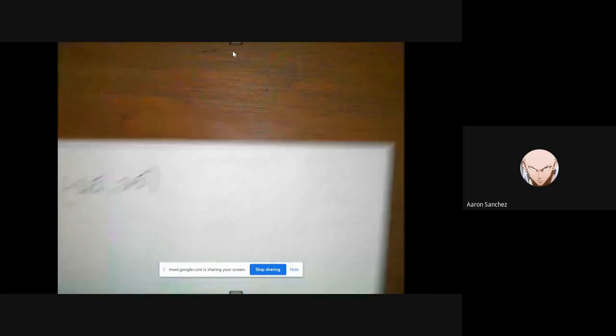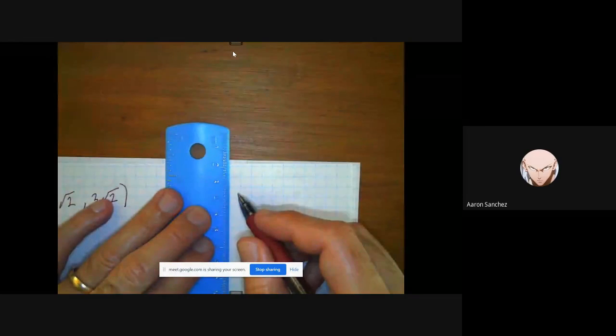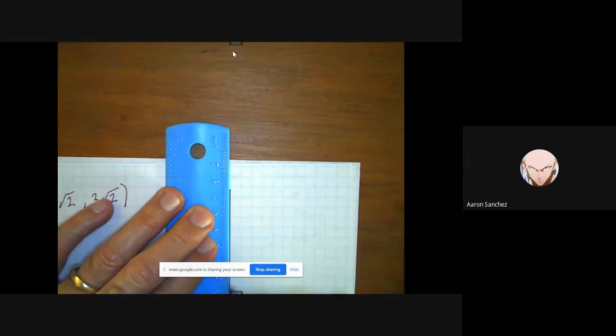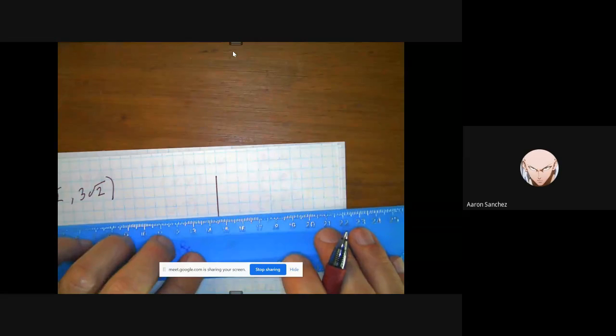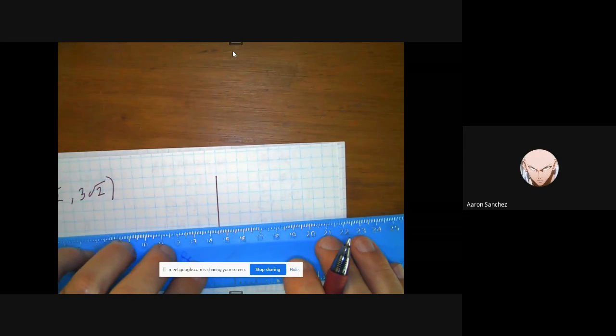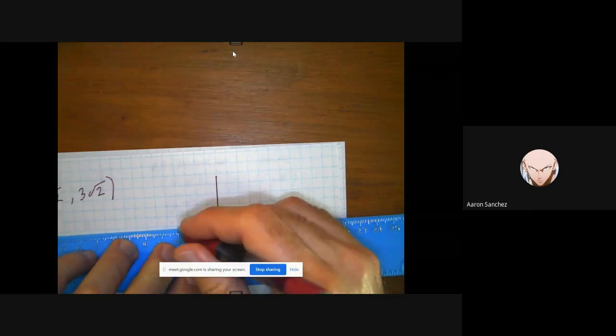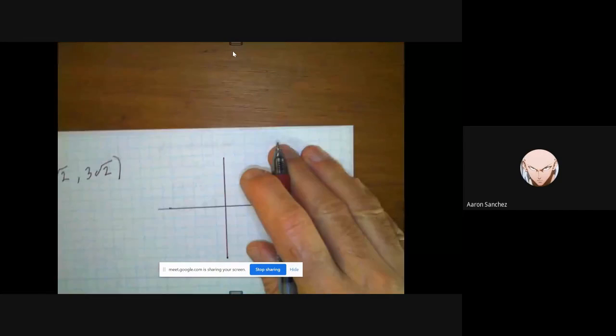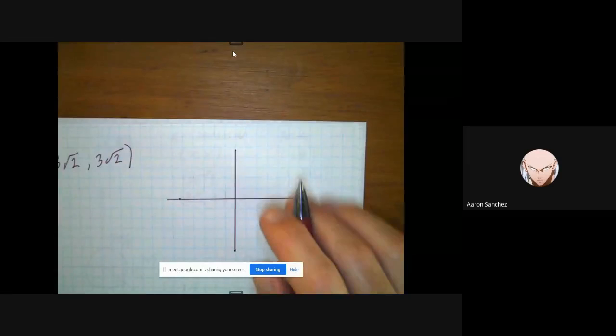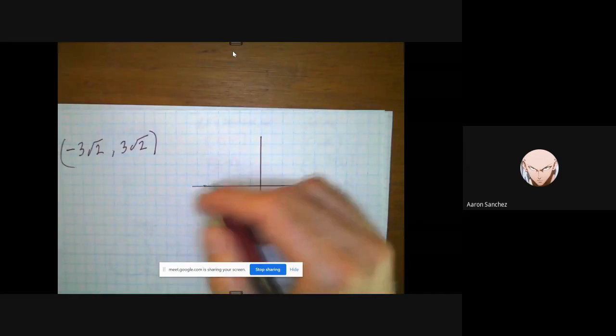So, we got to draw a general picture of where negative 3 root 2, 3 root 2 would be.